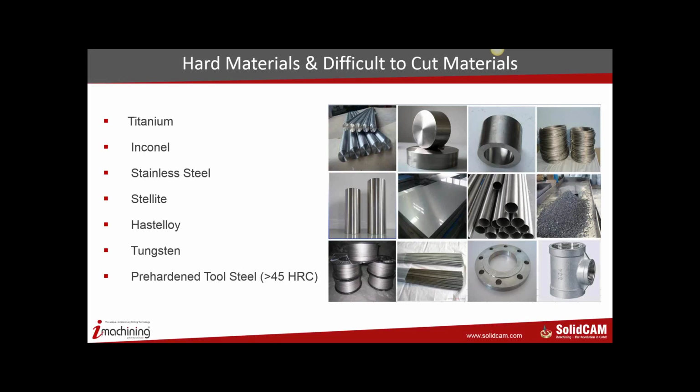Now, these materials are metallurgically composed to have high strength at extremely high temperatures. And therefore, the stresses that are generated with machining are also very high. If you look at these materials, the heat-resistant superalloys, they're basically put into three main groups.